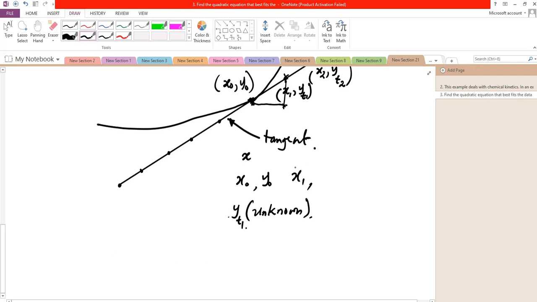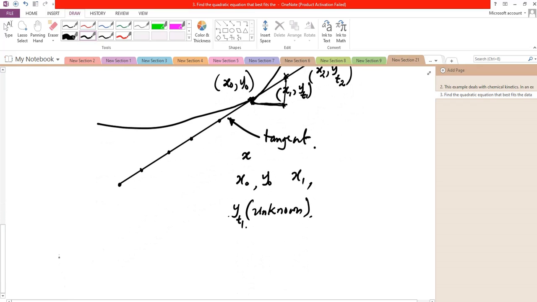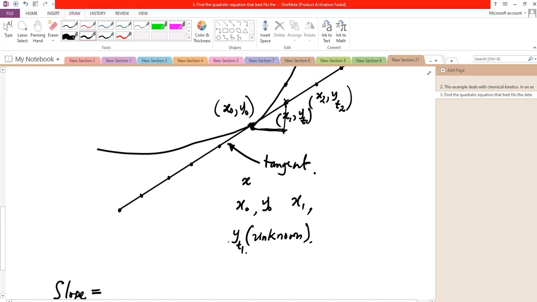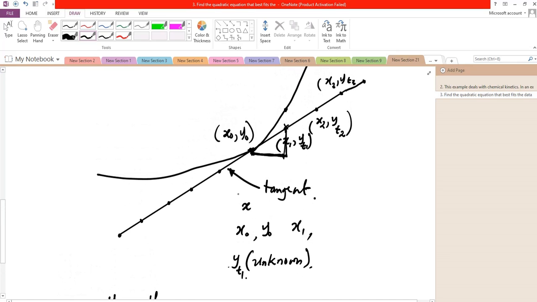Now let's assume the difference between your x, from here to here, this slope now, the slope for this tangent will now be y subscript t1 minus y0 divided by, this value here is y subscript t1, and this y0 is this, because here is also y subscript 0.